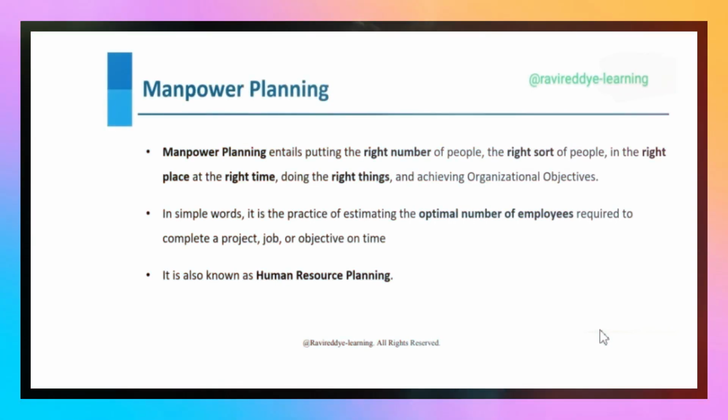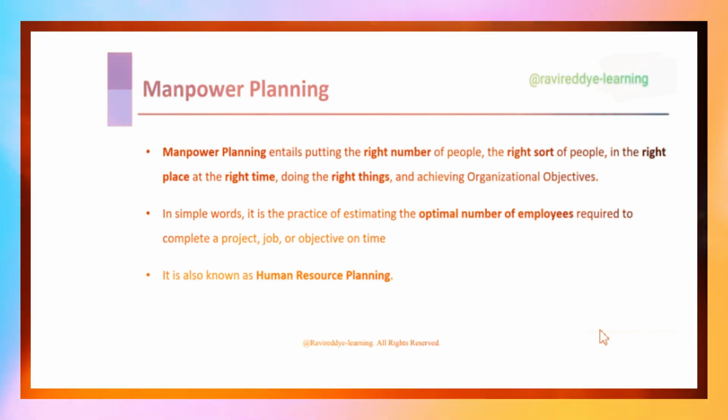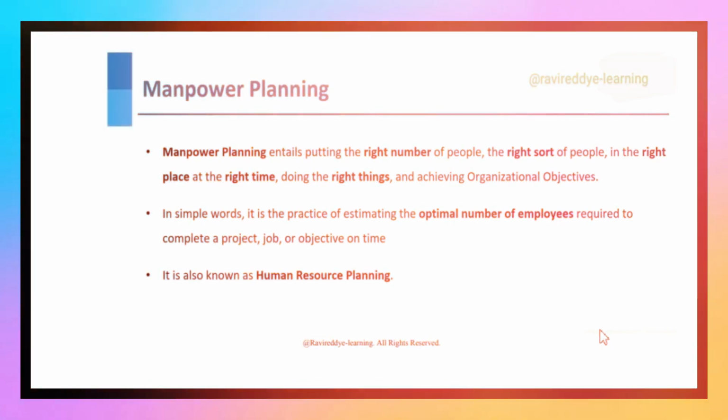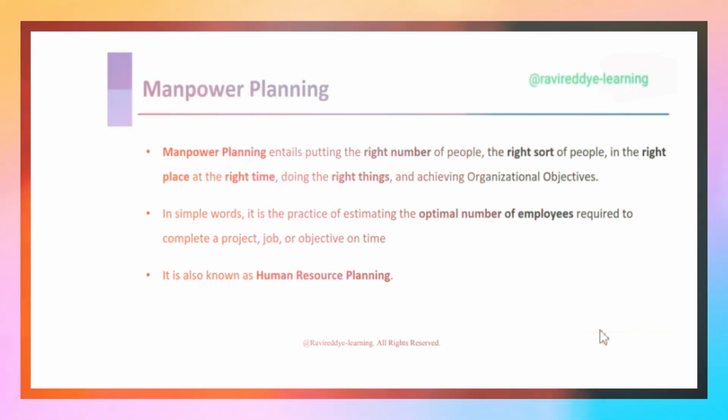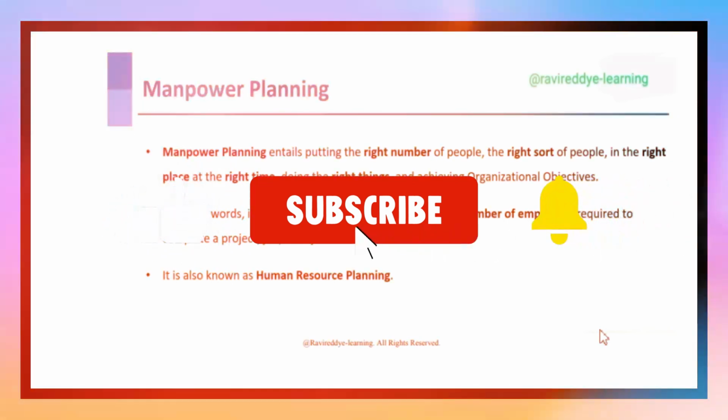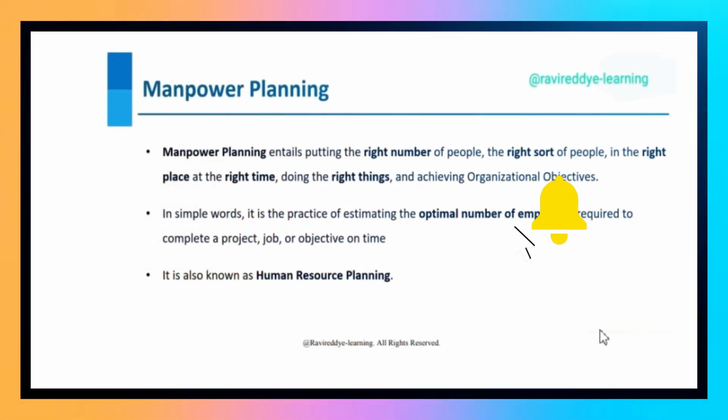Let's try to understand what exactly the need for manpower planning is. Why can't you hire people randomly? What is the need for planning and putting things in order, to make sure that we are perfect?